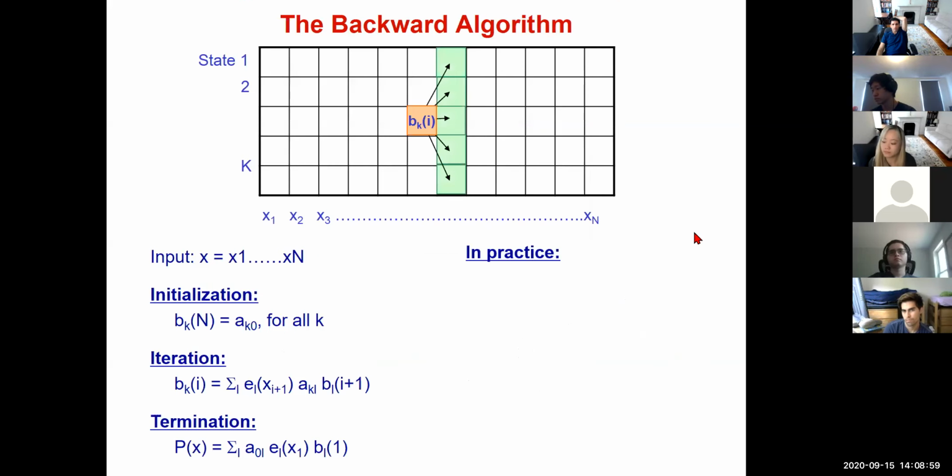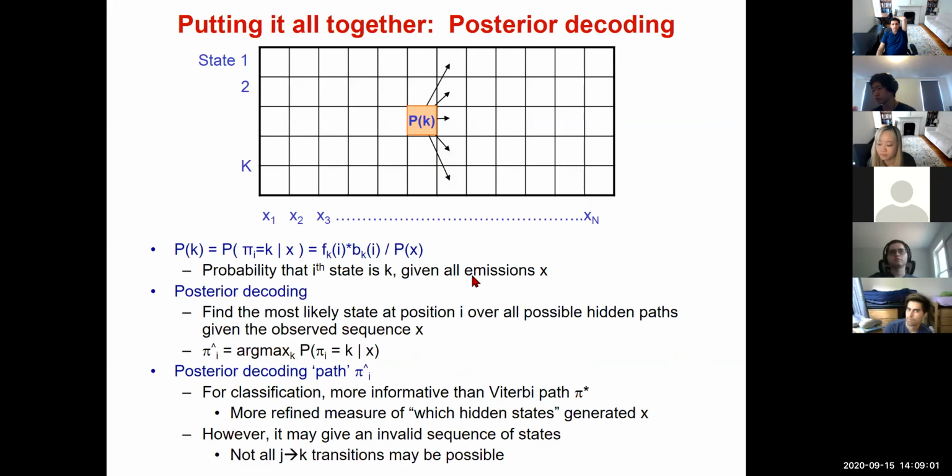So then we can run the backward algorithm from right to left, and then we can put it all together by computing one matrix with a forward algorithm from left to right, and one matrix with a backward algorithm from right to left. And then posterior decoding is simply the combination of the forward variable and the backward variable at that location.